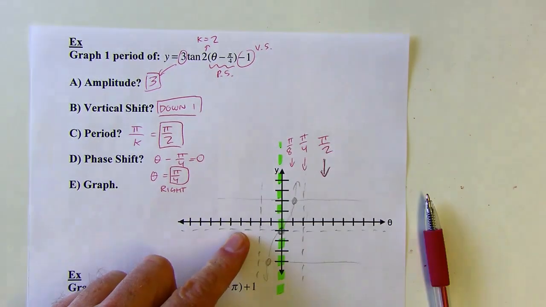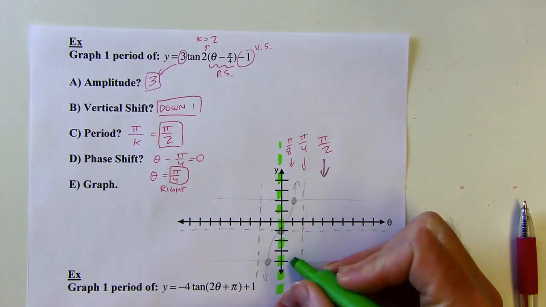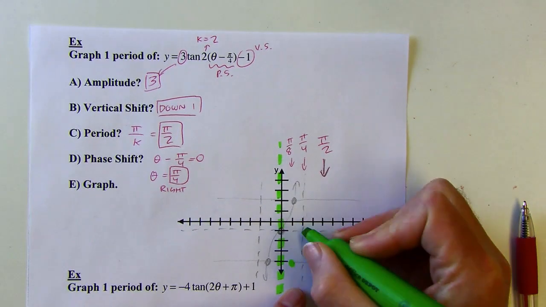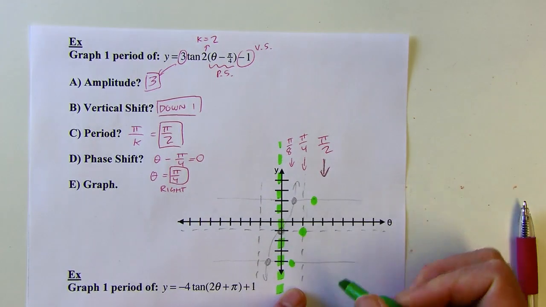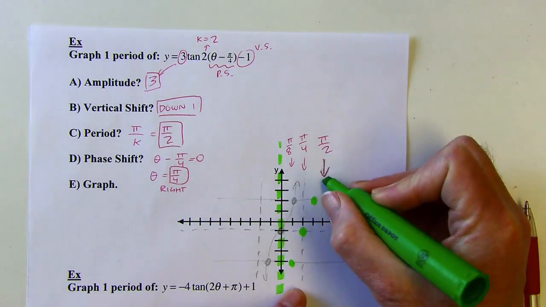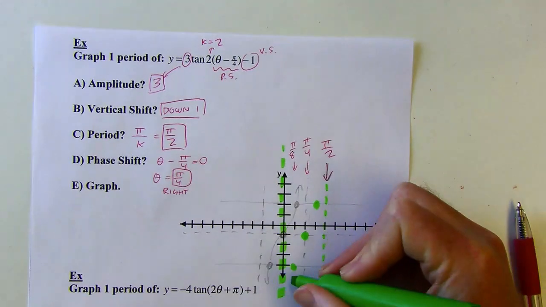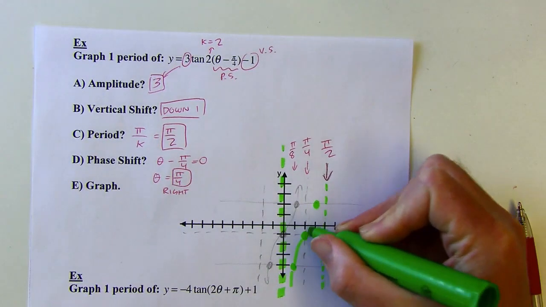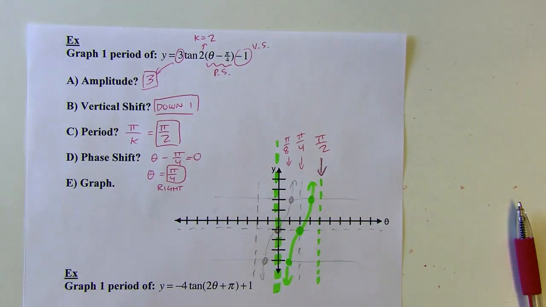The left asymptote is right on the y-axis, okay? And then I'm going to use the pattern on the road map that I've got there. So I've got my 3 points like that, okay? And then the last goalpost is going to be out here, and I can draw in the actual curve. It'll look something like that, okay?